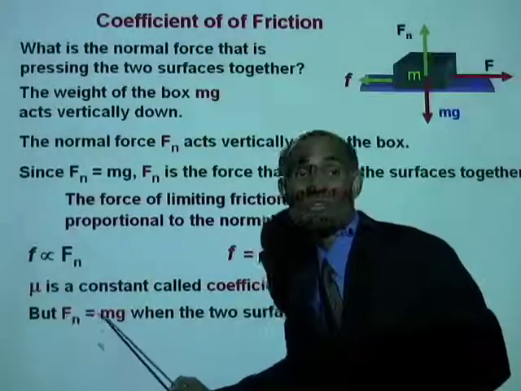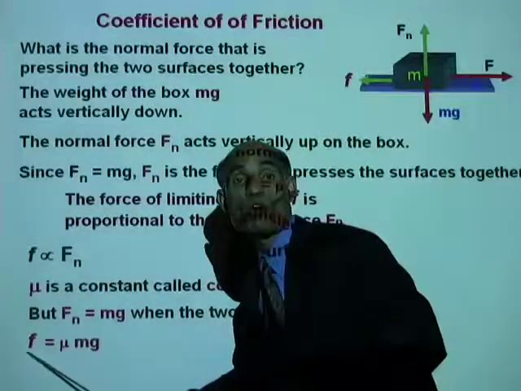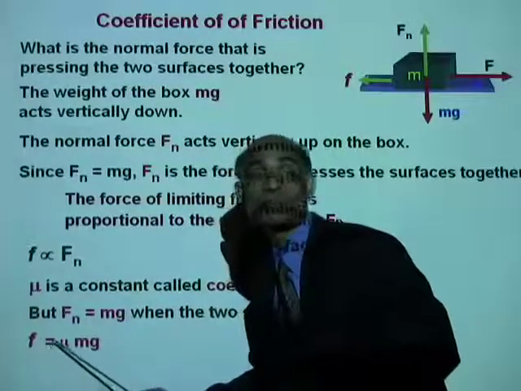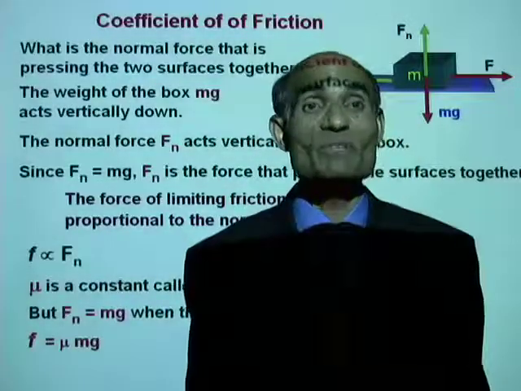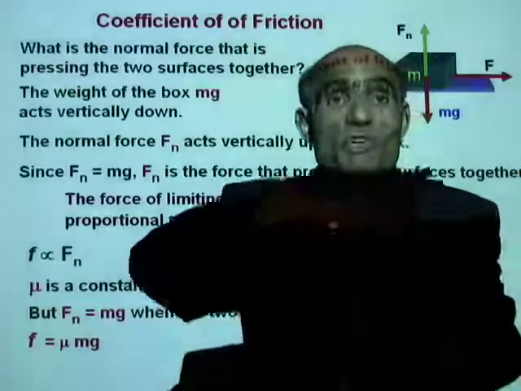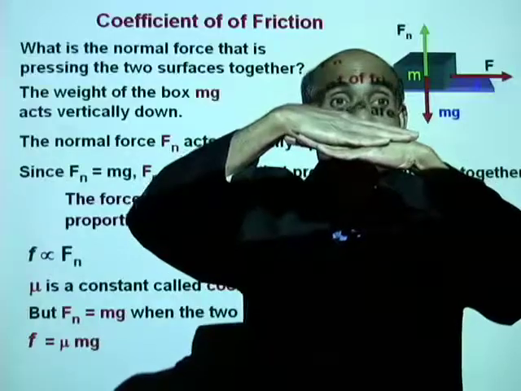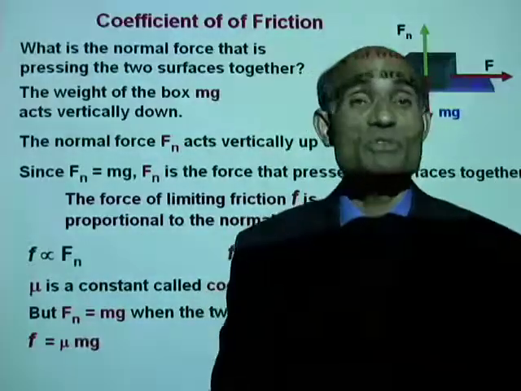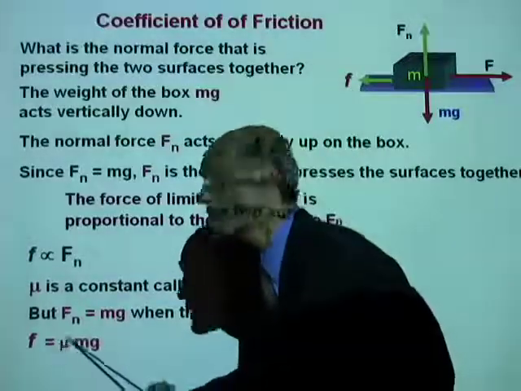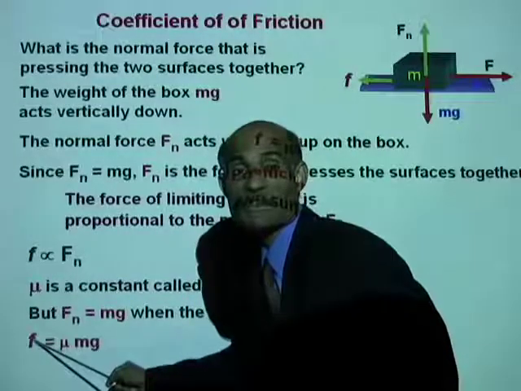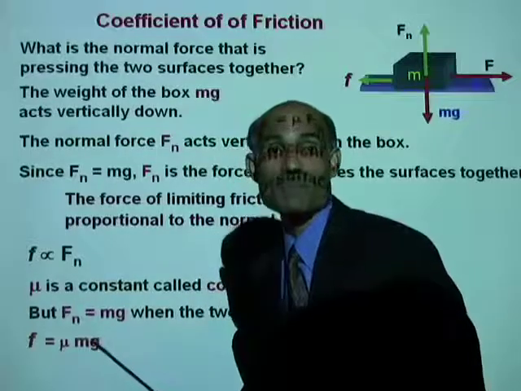Now, because Fn equals mg, we can write this as the force of limiting friction equal to mu times mg. The force of limiting friction between two surfaces that are horizontal with respect to each other will be equal to mu times mg. A very important relation. That means mu can be calculated as the force of limiting friction divided by mg.